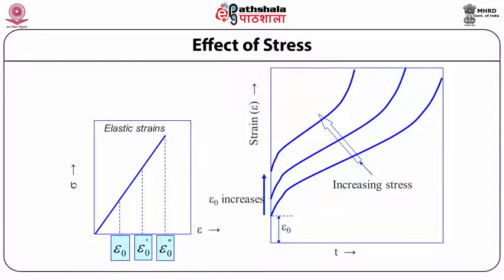We can easily see the points denoted by epsilon naught prime and epsilon naught double prime in the first figure. In the second part of the figure, in the initial regions of the curve, epsilon naught is increasing, and from the first curve to the third curve, the stress is increasing. Below that, there is a constant epsilon naught.